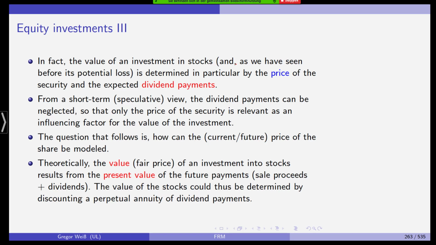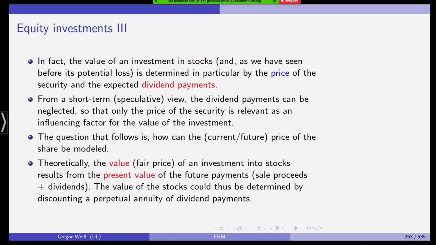Divide 1 billion euros market value by the number of shares outstanding, and you would get your part in the value of the company in the future, and you would get dividend payments. So the fair price of the stock should result from the present value of all future payouts, and these should be the sale proceeds from selling the stock in the future and the dividends you get along the way.